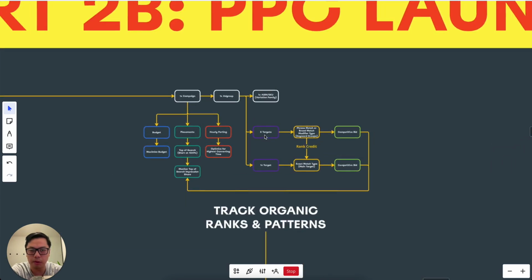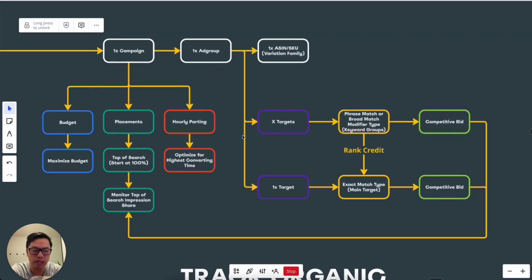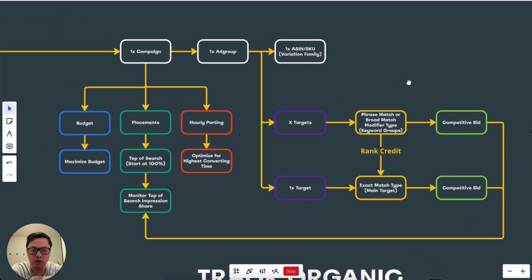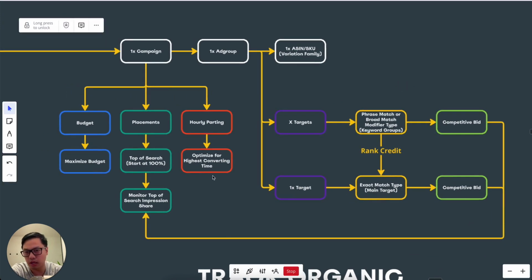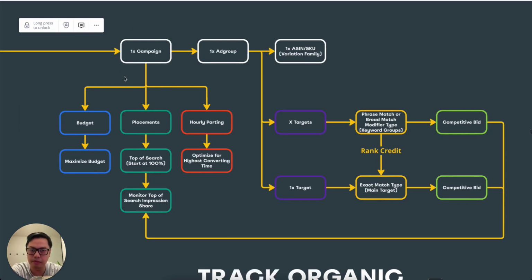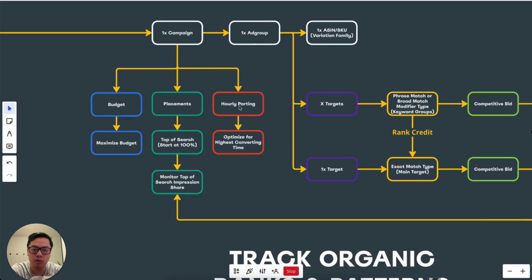So how do we set up our PPC so that we have the best conversion rate, but also have the most control? When it comes to the campaign structure, we want to set up one campaign, one ad group, one match type, and so on, just like the basic campaign structure, so that you have complete control over that keyword group. And then from there, what can we do within the campaign settings to maximize conversion rate? That's pretty easy.